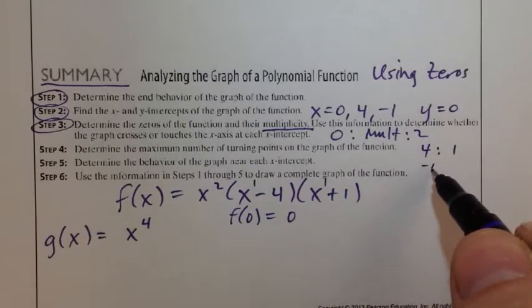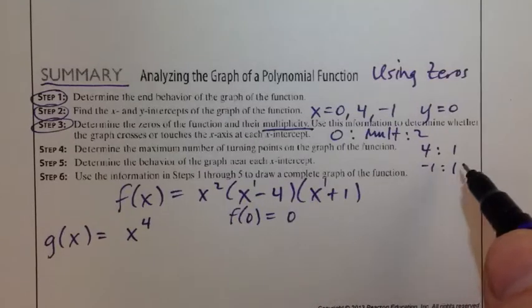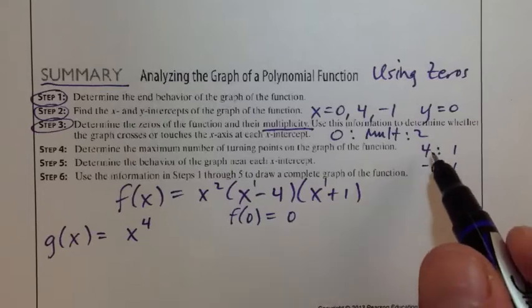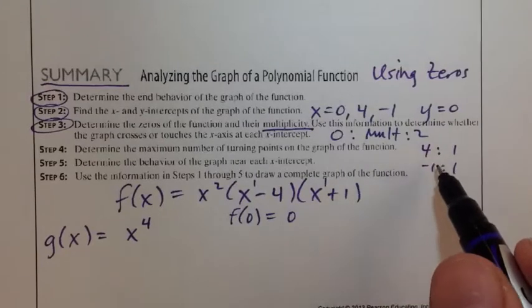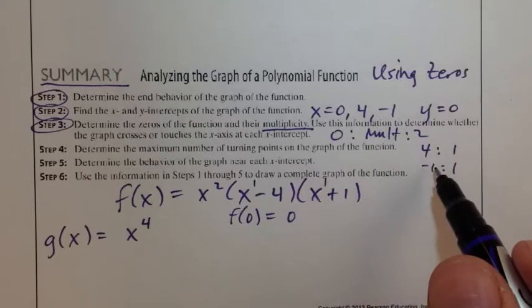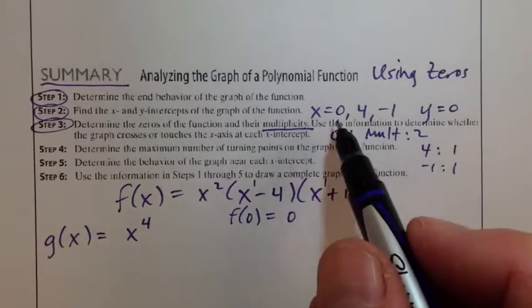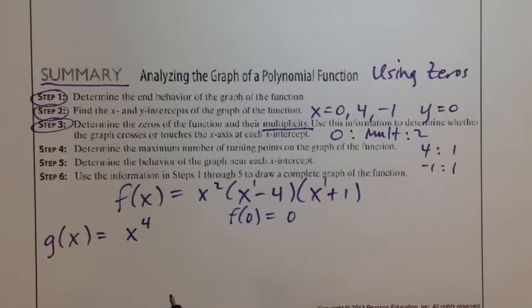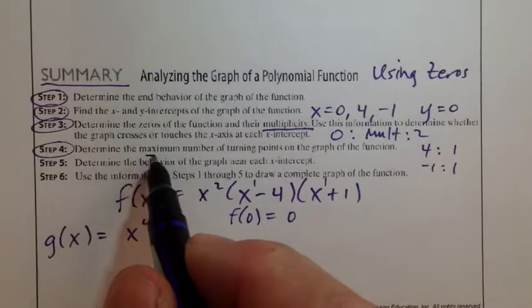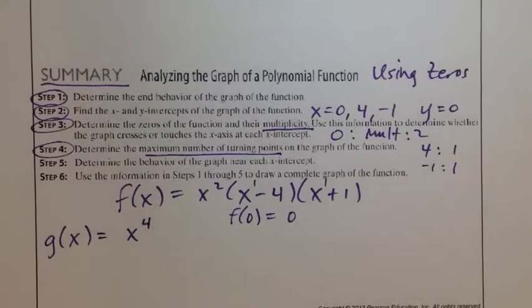Which means the graph crosses the x-axis at both x equals 4 and x equals negative 1, and it touches the x-axis at x equals 0.